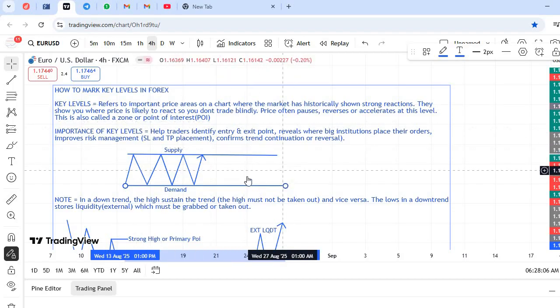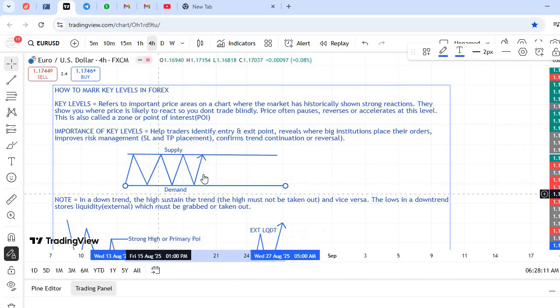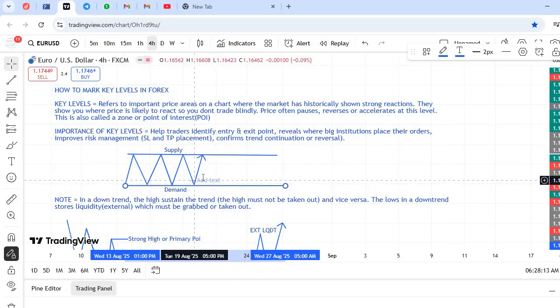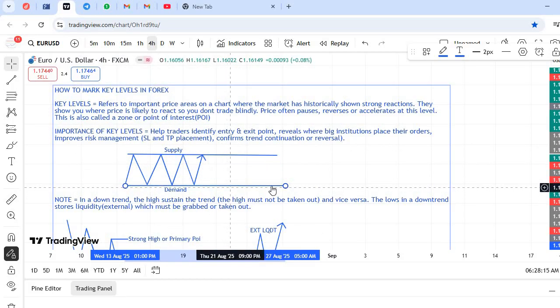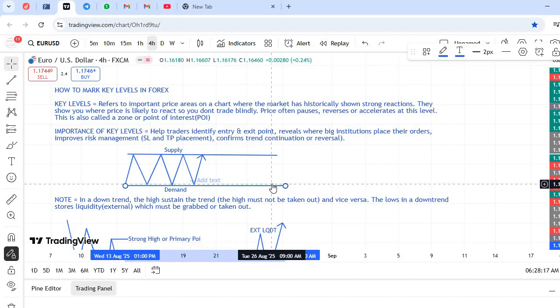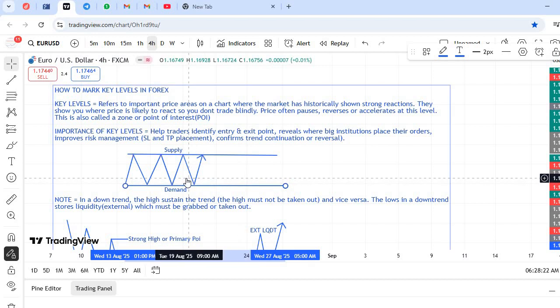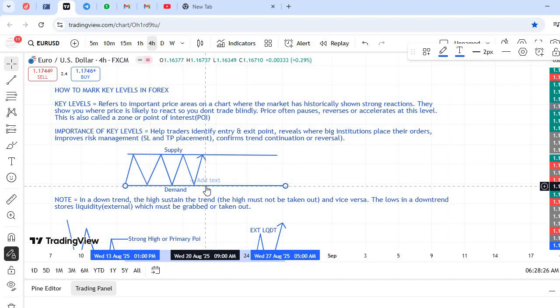Now, another name for key levels can also be a zone, or area of interest, or point of interest. So you can call it an area of interest, a point of interest, a zone, or key levels. There are different names depending on what you want to call it.